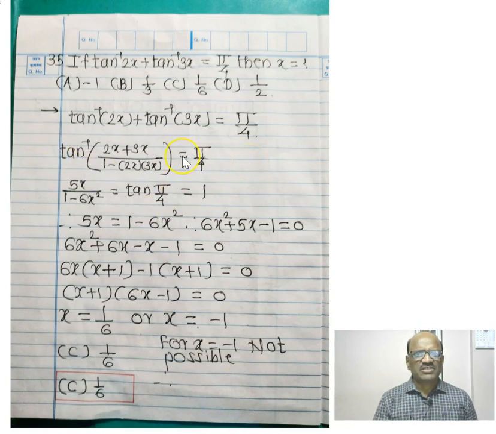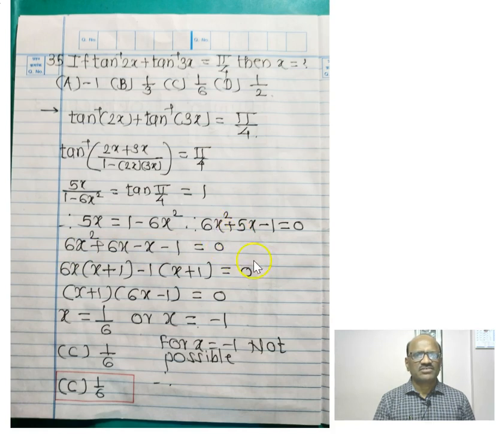Now this tan inverse goes to the right hand side and becomes tan of pi by 4, and the value of tan of pi by 4 is 1. Now simplify this. 5x upon 1 minus 6x square equals 1. Therefore 5x equals 1 minus 6x square, and this is a quadratic equation: 6x square plus 5x minus 1 equals 0. After factorization, you get 6x square plus 6x minus x minus 1.